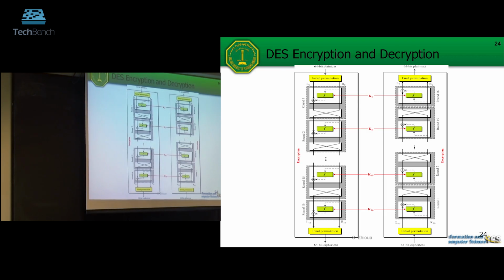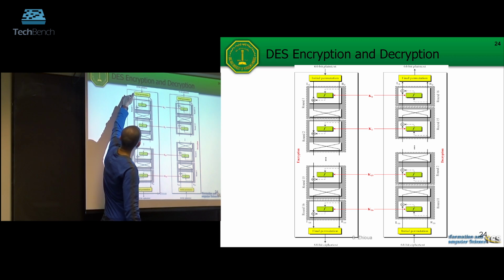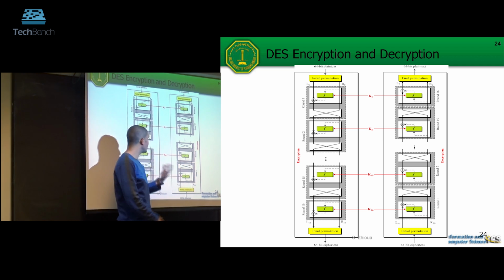Now this is the big picture of DES. Initial permutation, then round 1. Remember that we take the right part, we use it in the F function, we XOR it with the left part, and then we put all that in the left side of the output, and on the right side of the output, etc. You keep repeating that 16 times, and in the decryption process, you reverse.